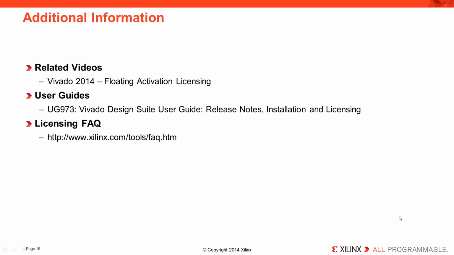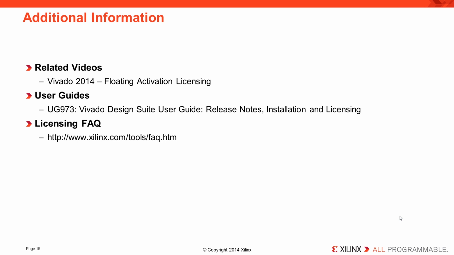So for additional information, there are some related videos, mainly the Vivado 2014 floating activation licensing. In that video, we're going to go into more detail on how to create a server-based or a floating license, and then how to serve that on your license server using LMGRD and some of the utilities that you may be familiar with from the certificate-based licensing flow.